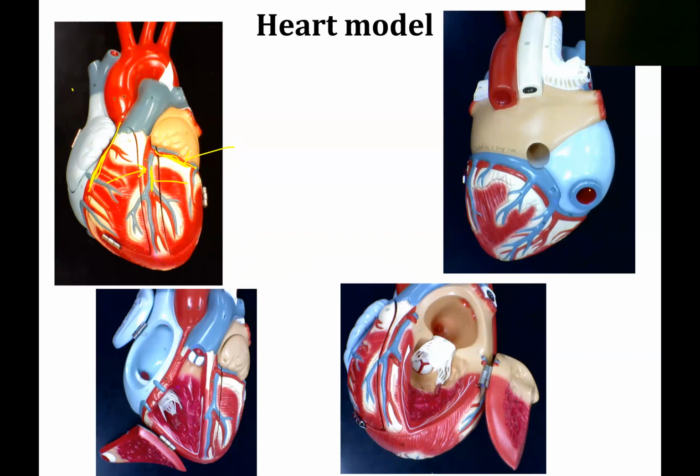Posterior view, you have superior vena cava, inferior vena cava, so they cut it off really short. The right atrium, right ventricle. You don't see the pulmonary vessels because they cut them short, pulmonary arteries anyway. Pulmonary veins into the left atrium, pulmonary vein goes down into the left ventricle.